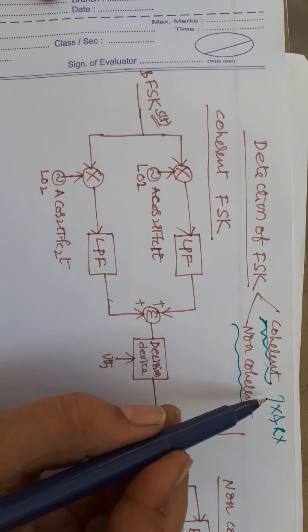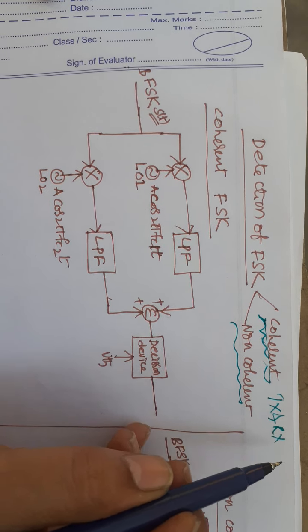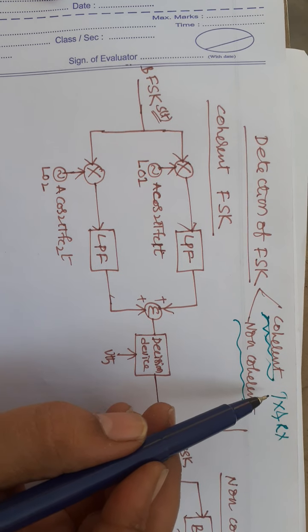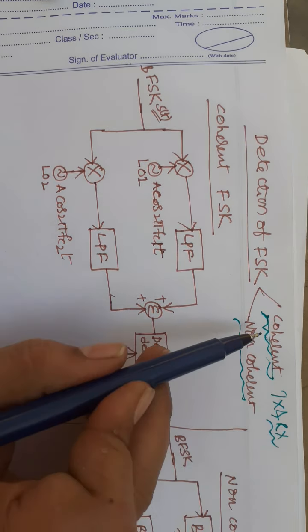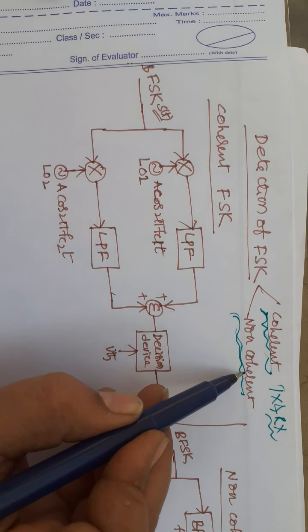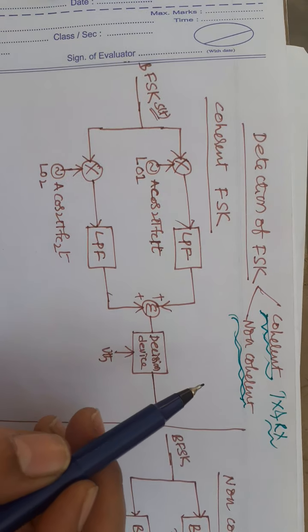So whatever frequency you are using at the transmitter, the same frequency will be used at the receiver. So an extra local oscillator carrier is used at the receiver in coherent. In non-coherent, there is no need to use an extra local oscillator signal at the receiver side.